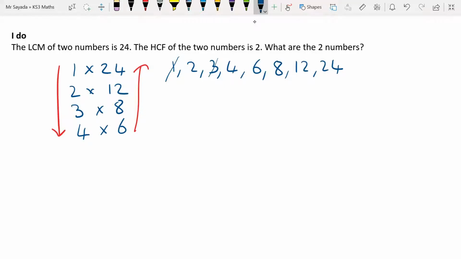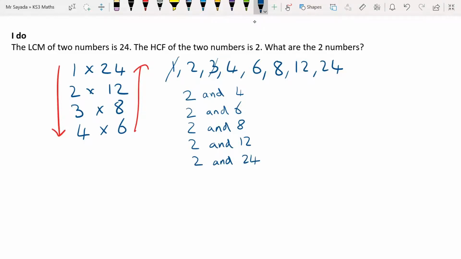So I'm going to start with 2 and 4. So 2 and 4, they have a highest common factor of 2. So that's fine. In fact, 2 and any even number will have a highest common factor of 2. So I could have 2 and 6, I could have 2 and 8, I could have 2 and 12, and I could have 2 and 24.